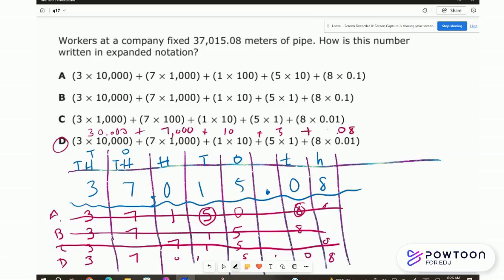So expanded form is just breaking up into its parts. Expanded notation is actually multiplying the place value times its digit. But we can easily make those connections to help build that confidence. And that is how you solve a number with expanded notation.